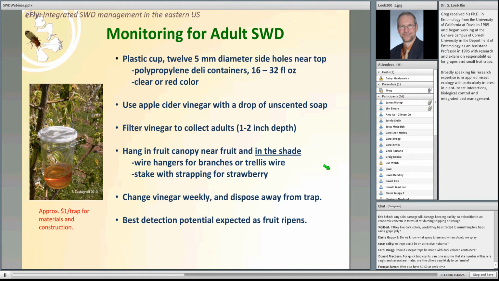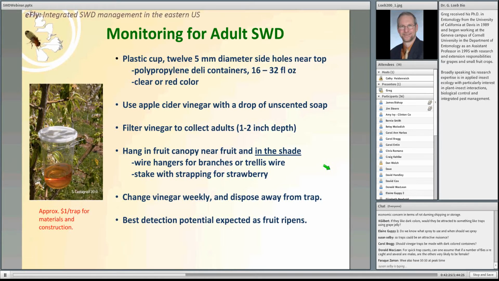plus a little bit of unscented soap to reduce the surface tension so you can collect the adults. At the top of the container, of course, we have a solid lid that keeps the rain out, but along the upper top of the container we have drilled about 12 holes, 4 or 5 millimeters in diameter, that are used to both release the aromas of the lure, in this case the apple cider vinegar, and also let the flies get in there.